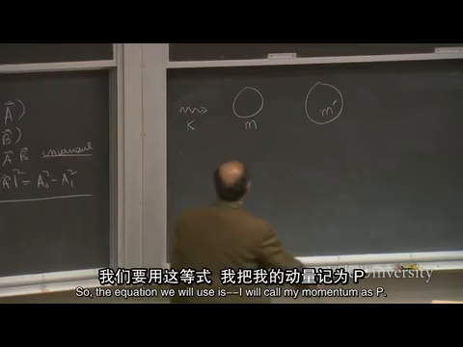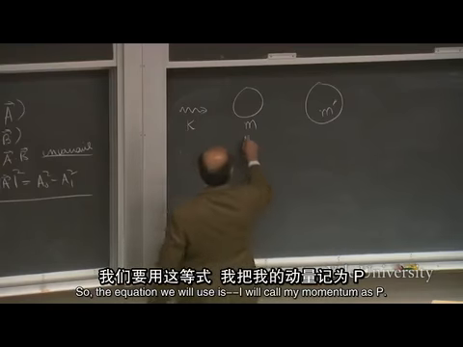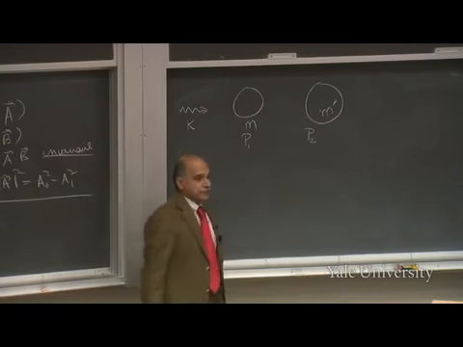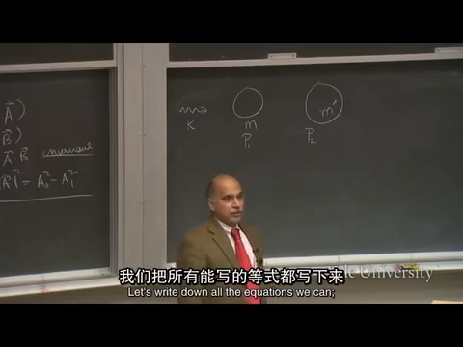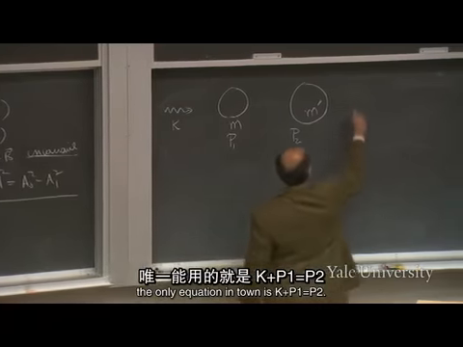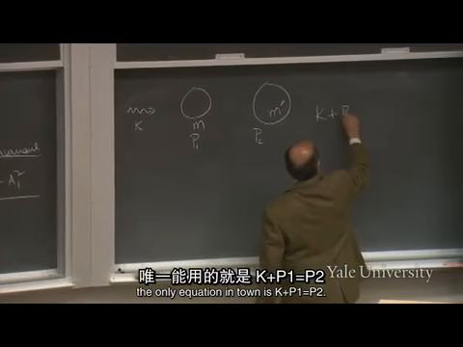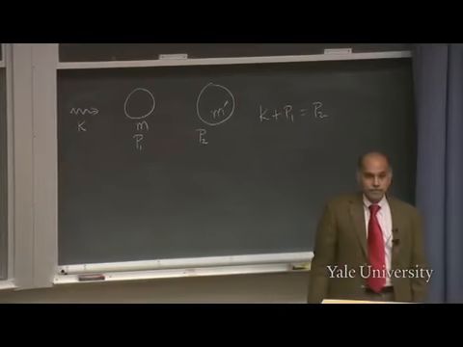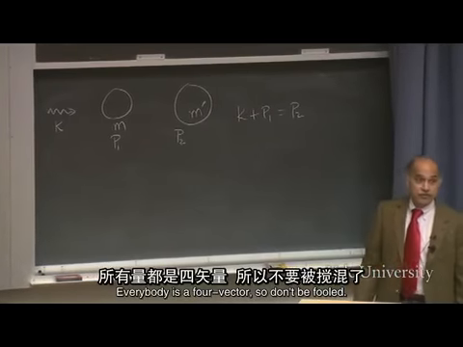So the equation we will use is, I will call my momentum p, and I will call P1 the initial one and P2 the final one. Let's write down all the equations we can. The only equation in town is K plus P1 equals P2. K is now, everybody is a 4-vector, so don't be fooled.